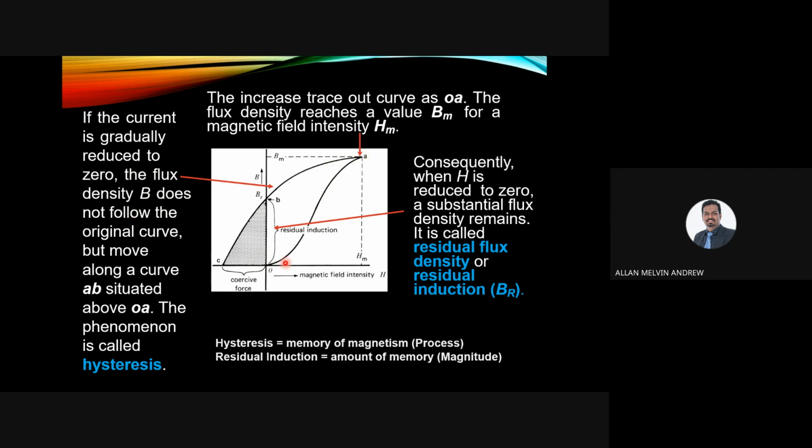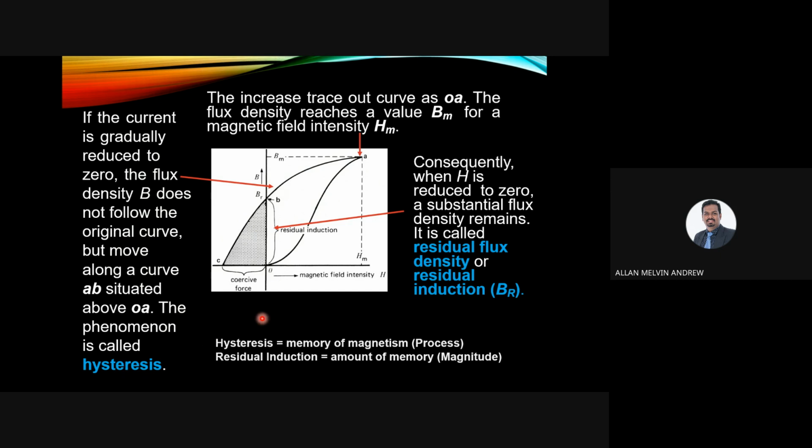It will not follow the original curve, but it will move along a curve AB. So it will move from here to this point. It's supposed to reach here, but it is here. This phenomenon we call hysteresis.